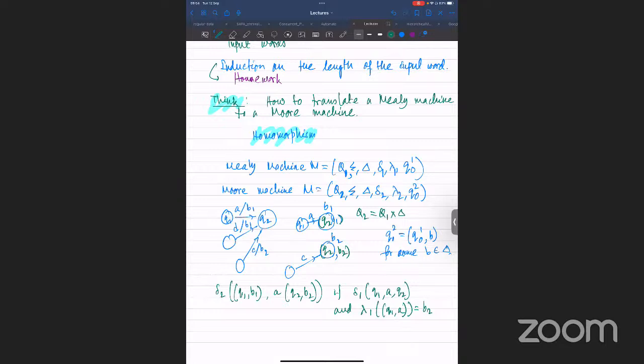Okay. So you are going to define it in this way. Okay. And lambda 2, you are going to define it like Q, comma, B equal to B. Correct?